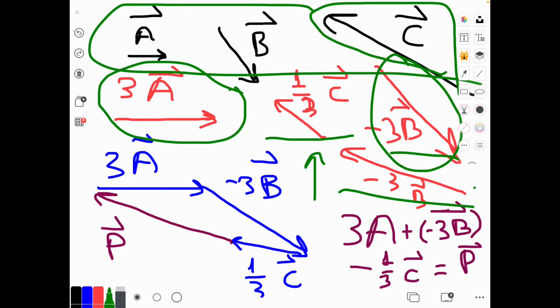So you have 3 vector A, which is going to be going in a straight line towards the right, and then I'm going to get the tip of that connected to the tail of -3 vector B, which again I'm going with that one, so I'm going downwards here.